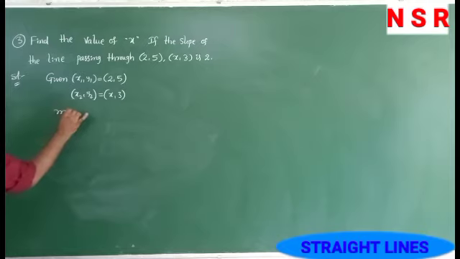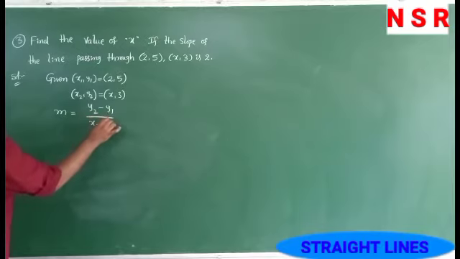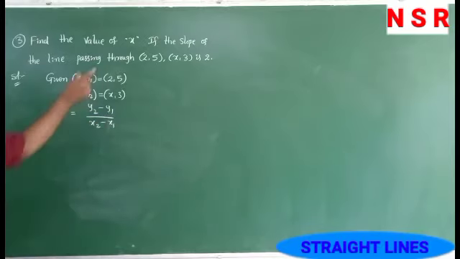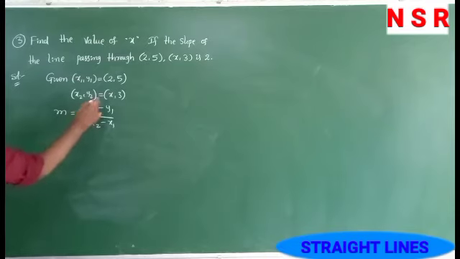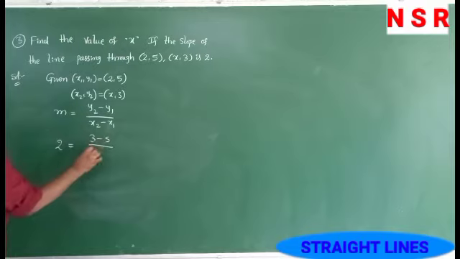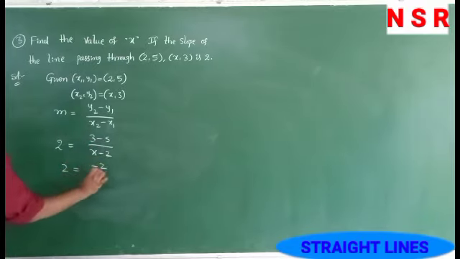So apply the slope of 2 points, m equal to (y2 minus y1) by (x2 minus x1). So the slope of these 2 points is 2. Here given m value 2 equal to, applying y2 minus y1, (3 minus 5) by (x minus 2). Now 2 equal to (3 minus 5, that is minus 2) by (x minus 2).